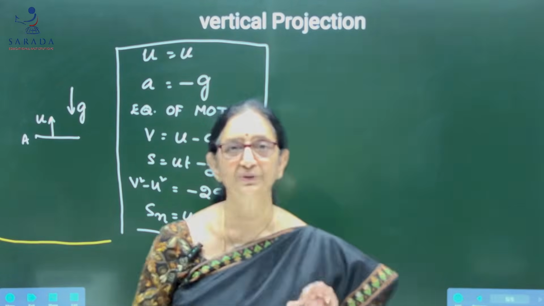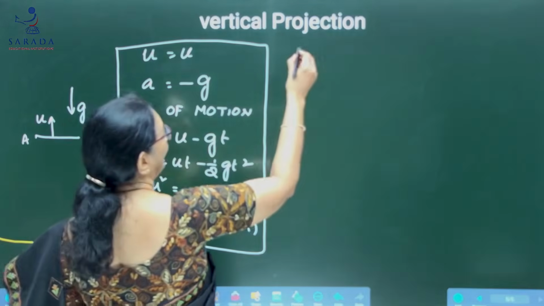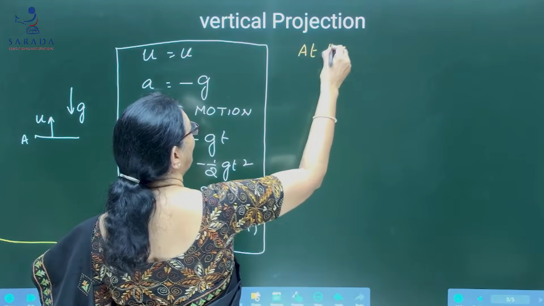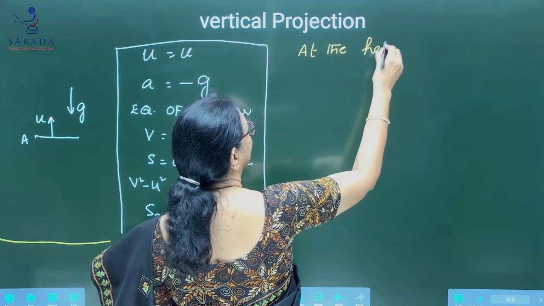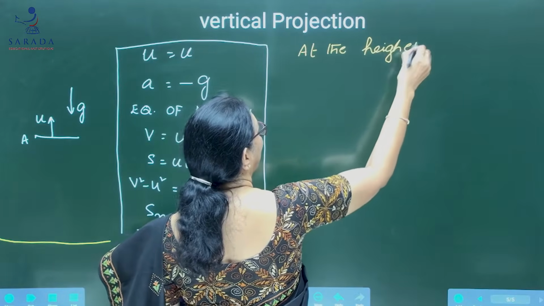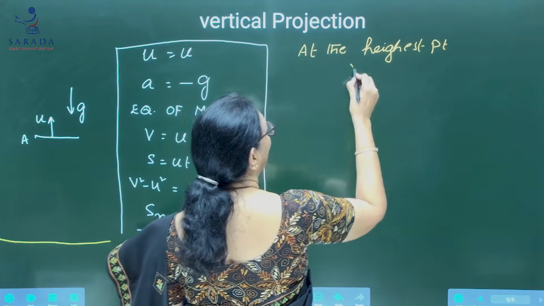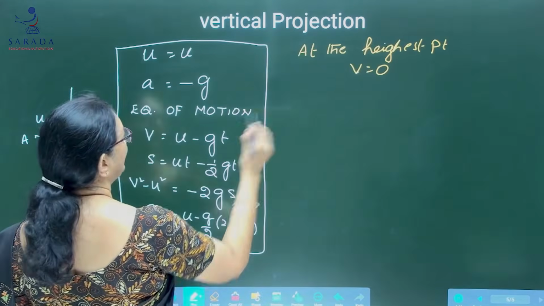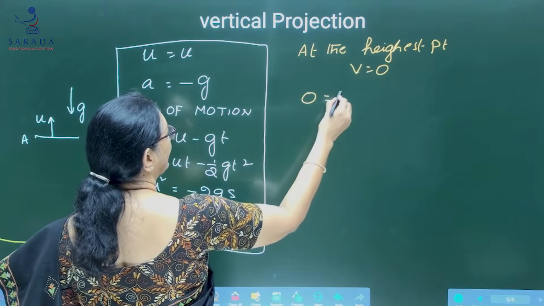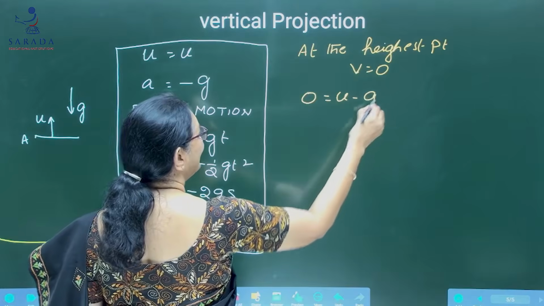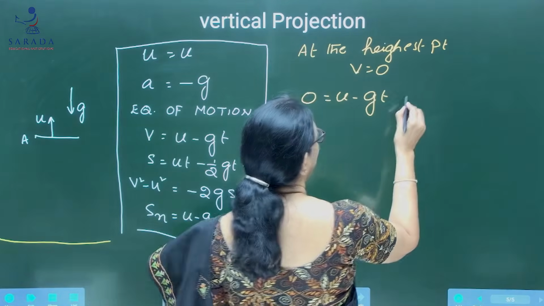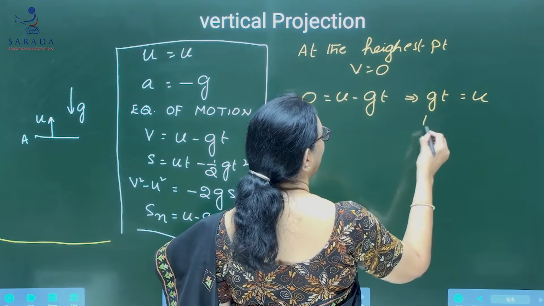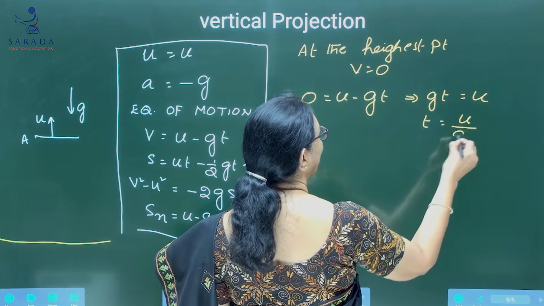Now we are going to see the case where the body reaches the maximum height. At the highest point, v is equal to 0. So, from this equation, 0 is equal to u minus gt. This implies gt is equal to u, or t is equal to u by g.